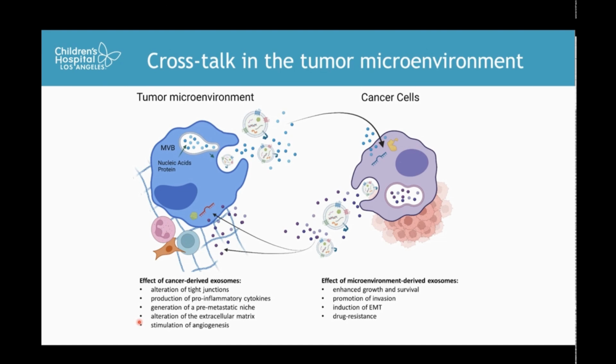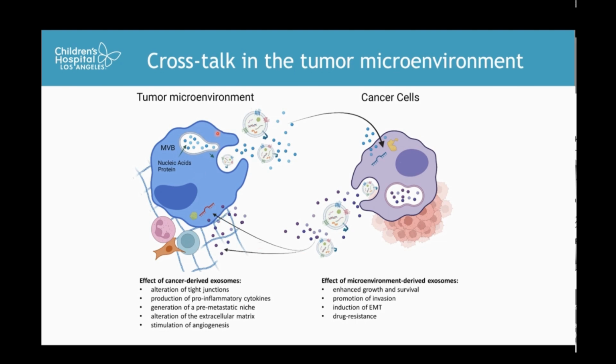stimulation of angiogenesis. Interestingly, when immune cells or other cell types in the tumor microenvironment, which are not malignant, do take up cancer-derived exosomes, these cells are then sort of educated and modified by these EVs.